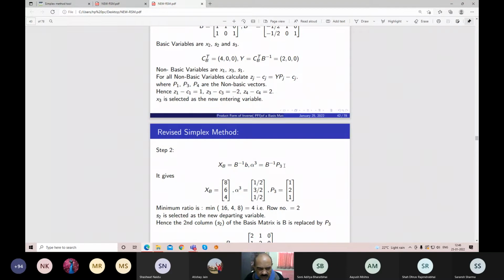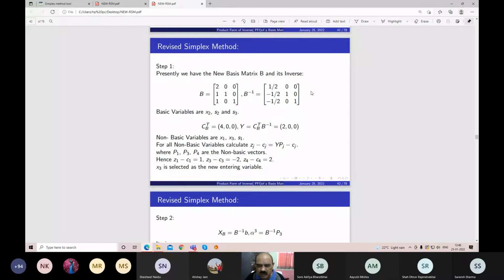See here, XB equal to B inverse into small b. This small b is not changing. The capital B and its inverse is changing. Small b is not changing, no column is changing. So XB equal to B inverse into small b. This is our B inverse.